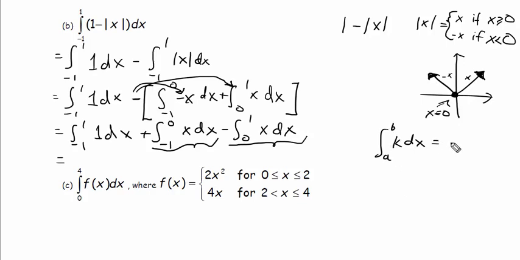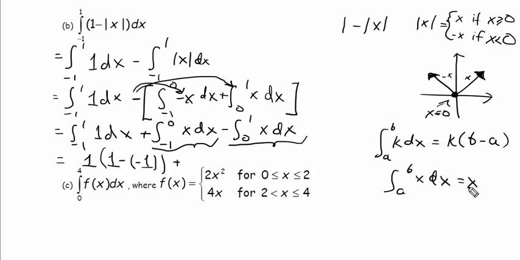This is k times b minus a. So this first one is just 1 times 1 minus -1. And then the second one is this right here, 1/2. I thought I wrote the 1/2 here, so let me write the 1/2 there for you. 1/2 times b squared minus a squared.